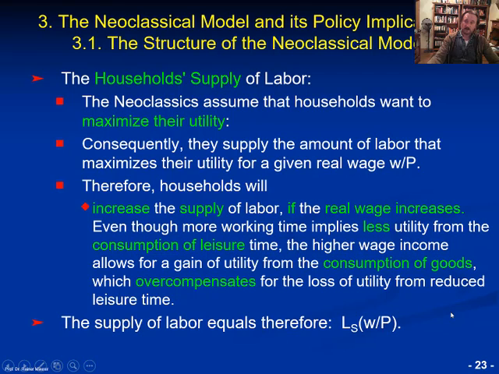The supply of labor therefore equals labor supply dependent on the real wage rate with a positive sign. The higher the real wage rate, the lower the leisure time consumed and the more working time offered on the labor market.